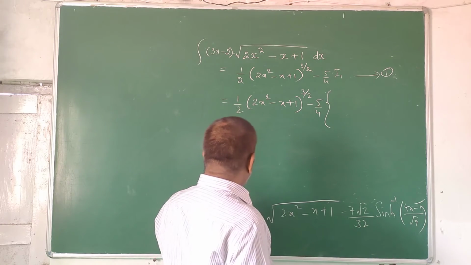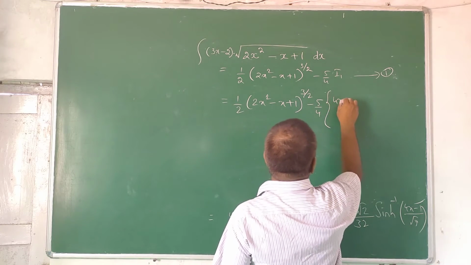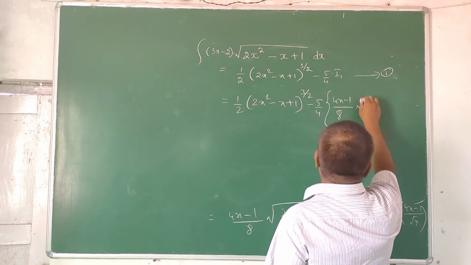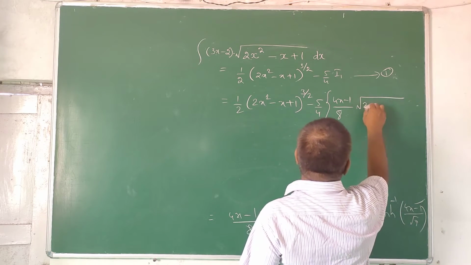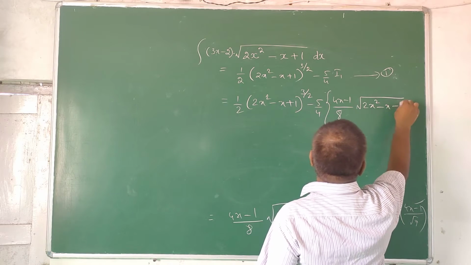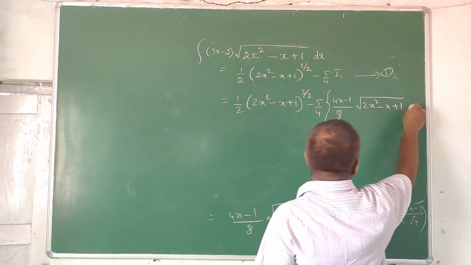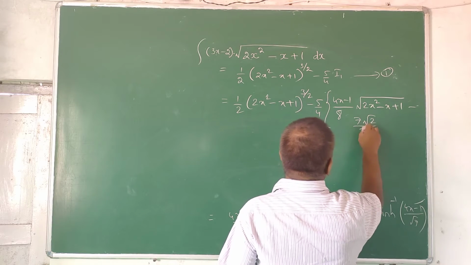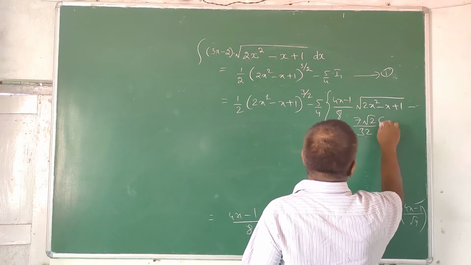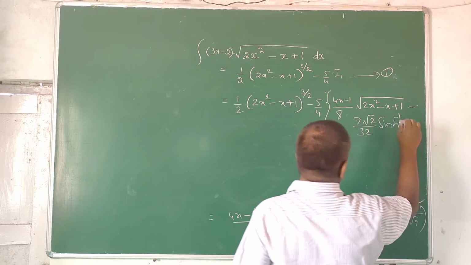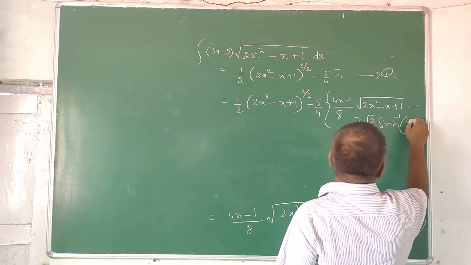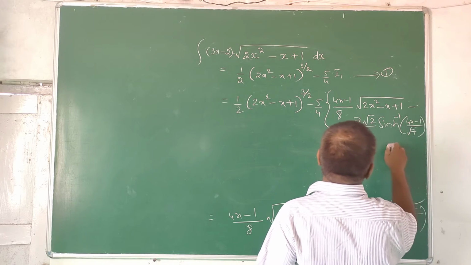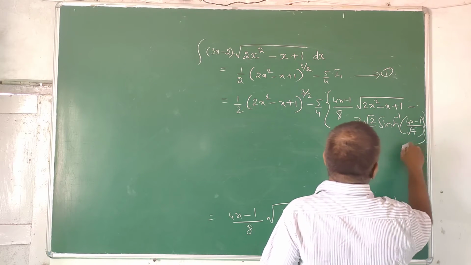This has to be kept in bracket. So 4x minus 1 by 8 into root over 2x square minus x plus 1 minus 7 root 2 by 32 into sinh inverse 4x minus 1 by root 7 plus c, bracket close, plus c.